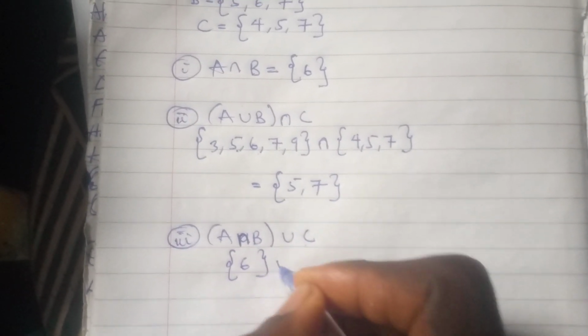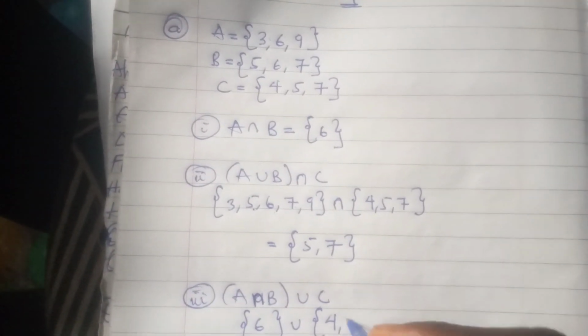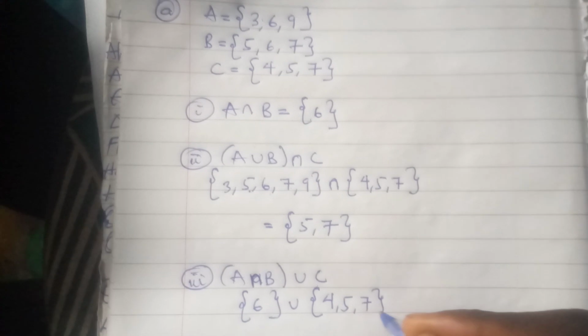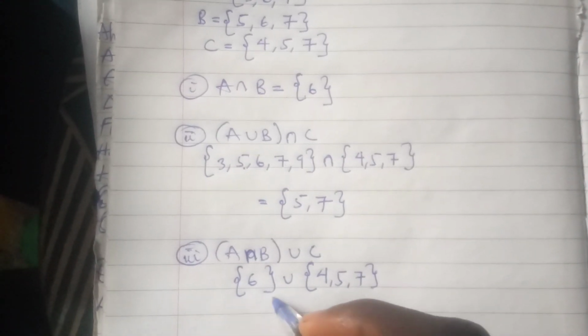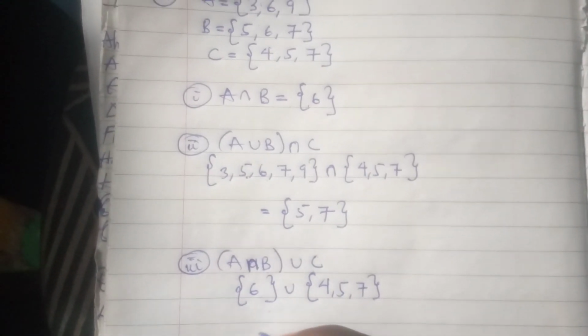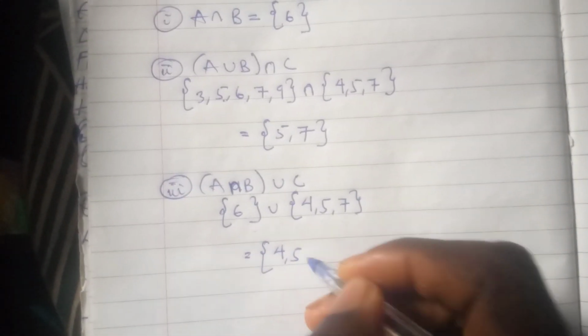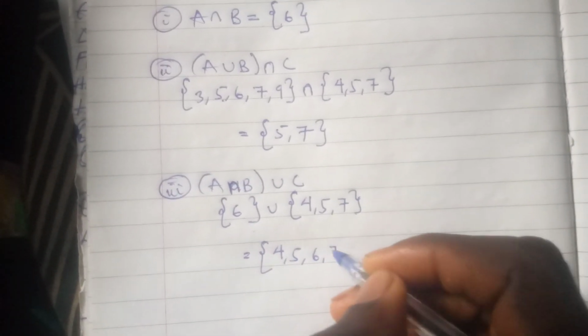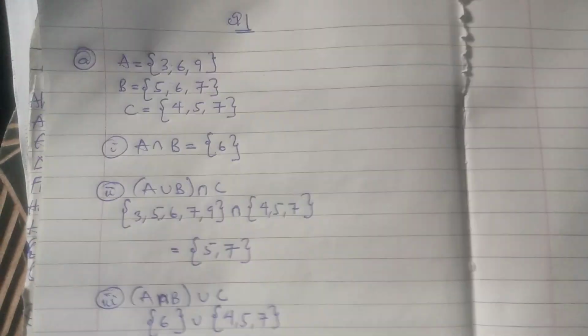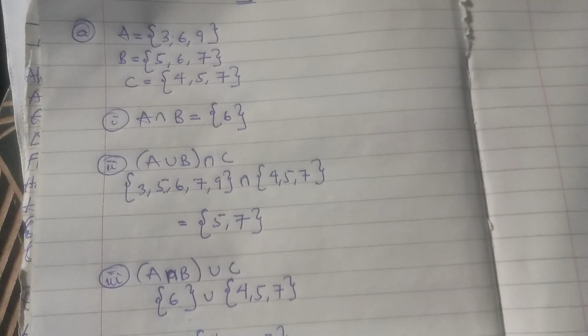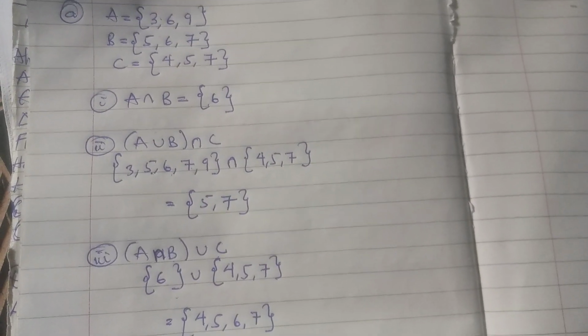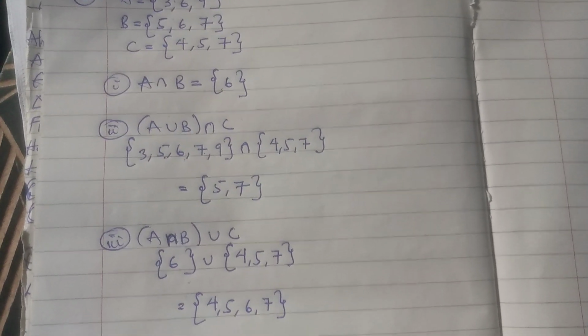That is the A intersection B. Union C. The C is 4, 5, 7. So listing the union is going to give you the set 4, 5, 6, and 7. So this was what was expected for the question 1B, which candidates were expected to solve.